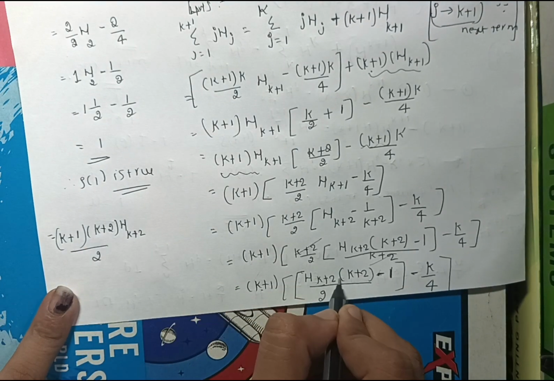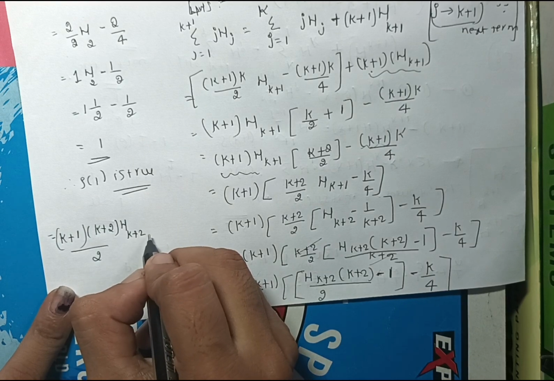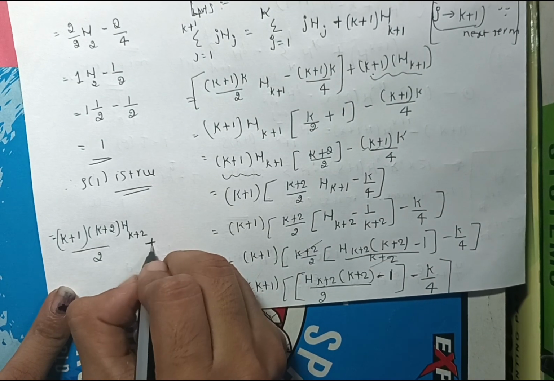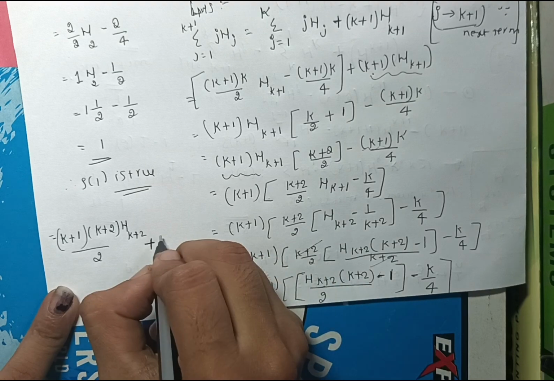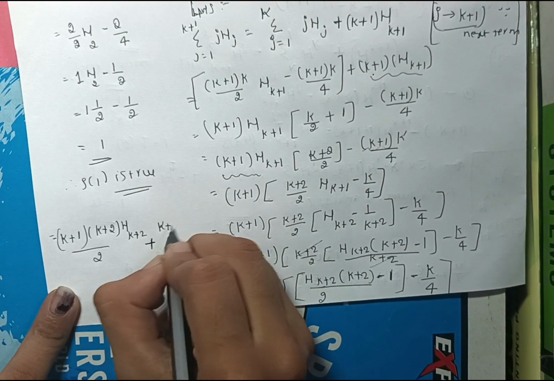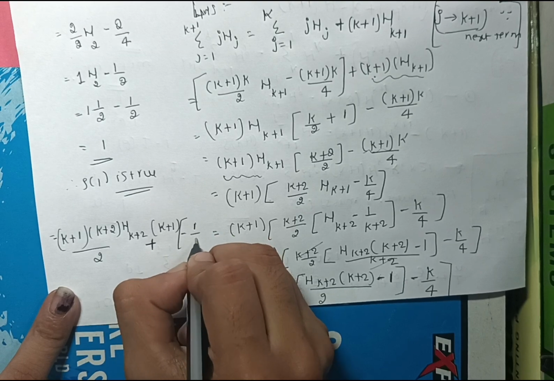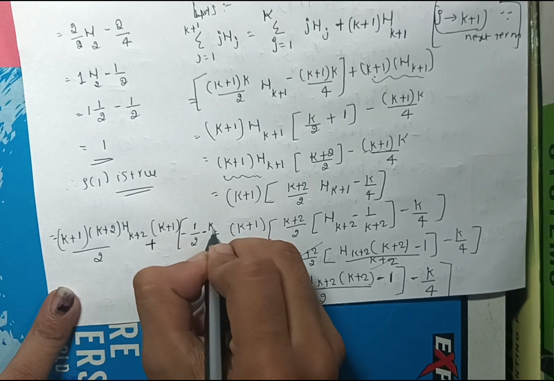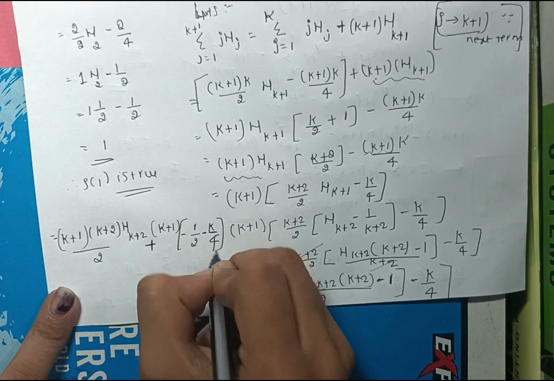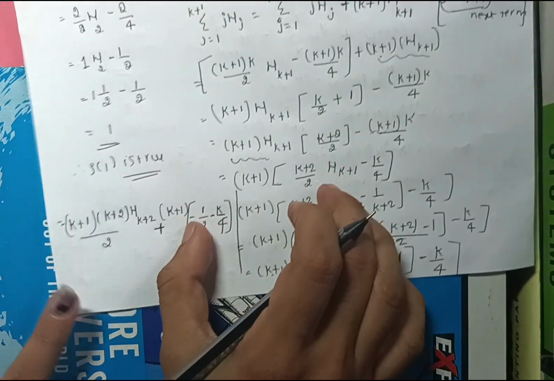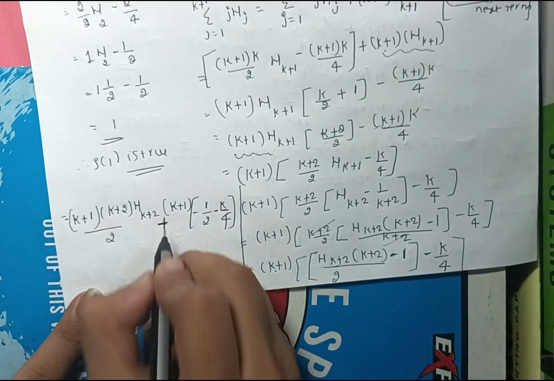First we multiplied with this term, next plus, okay, k plus 1 minus 1 by 2 minus k by 4, okay, here plus.